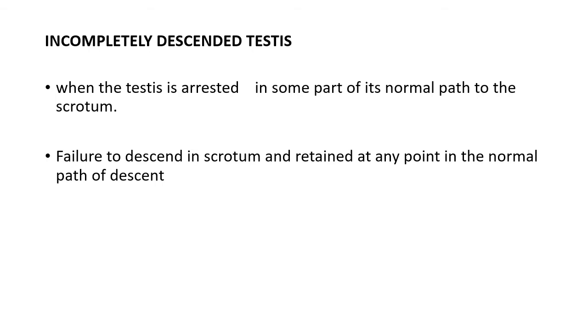Thus, the incompletely descended testes could be present at the lumbar level, at the iliac fossa, at the deep ring, in the inguinal canal, at the superficial ring, or halfway into the scrotum, but not reach the bottom of the scrotum. So they have not deviated from the normal path of descent.